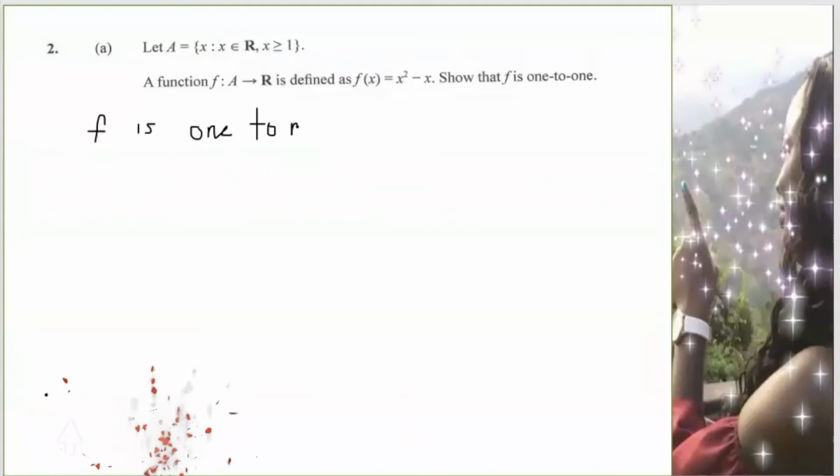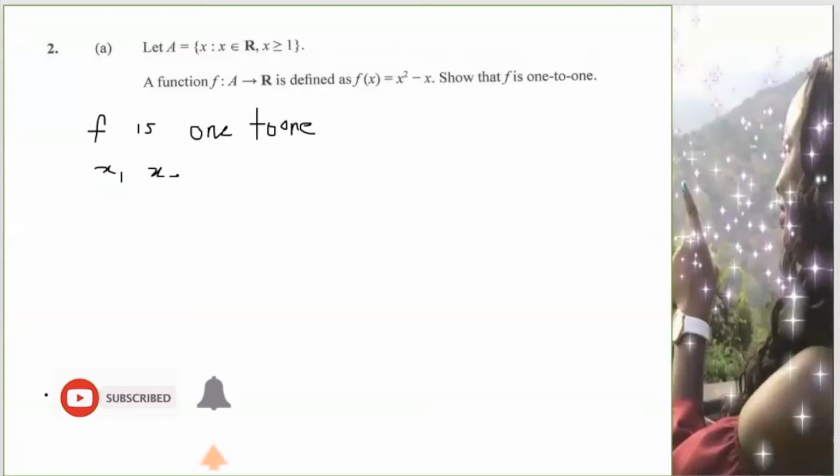So in order to show that it's one-to-one, we have to show that f of x1 is equal to f of x2. So we're going to choose points x1 and x2, and when we substitute, they should be equal. If they're not equal, then we consider it not to be one-to-one.